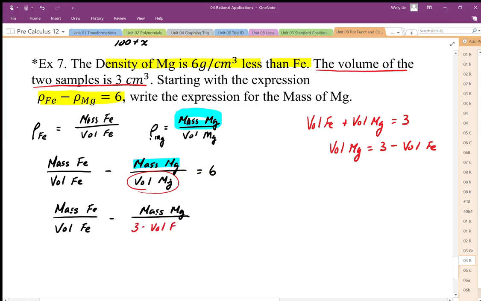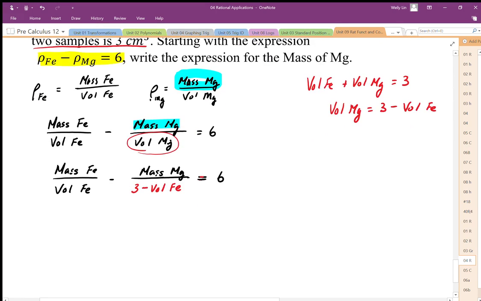That way we don't have as many unknown parts. We have these two parts referenced to each other. And the difference is equal to 6 grams per cubic centimeter. So I'm just going to rearrange this and solve for the mass of magnesium.